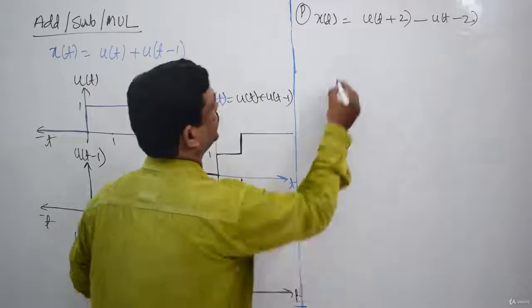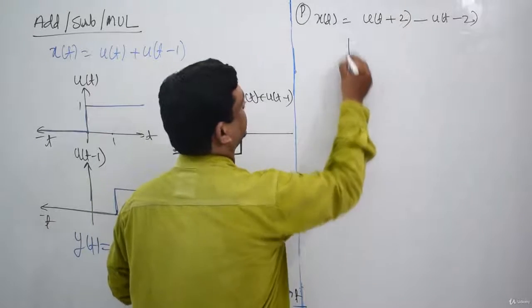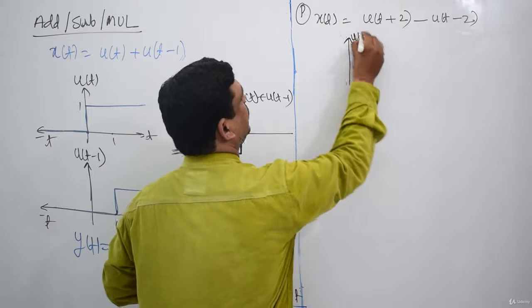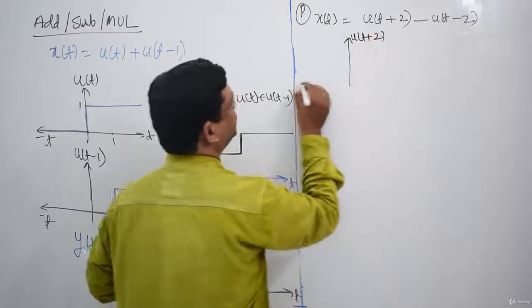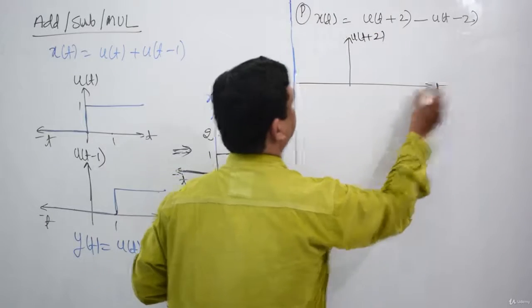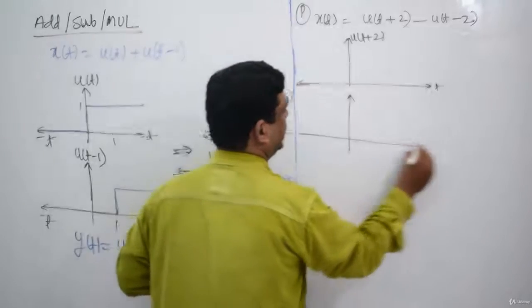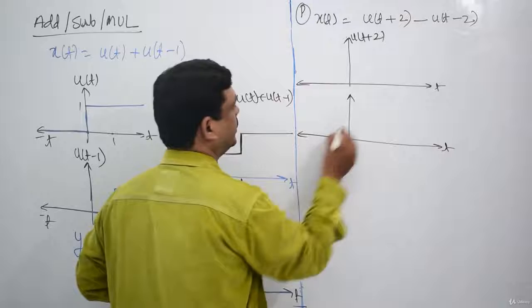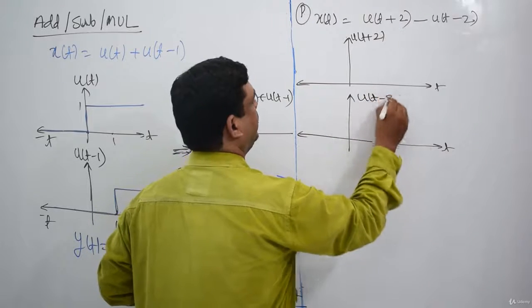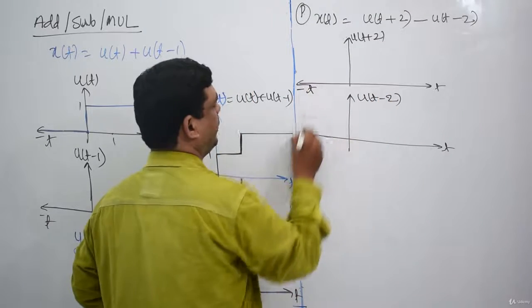So two functions. Those two functions are like this. One function is u of t plus 2. Another function is u of t minus 2. This is the negative time axis.